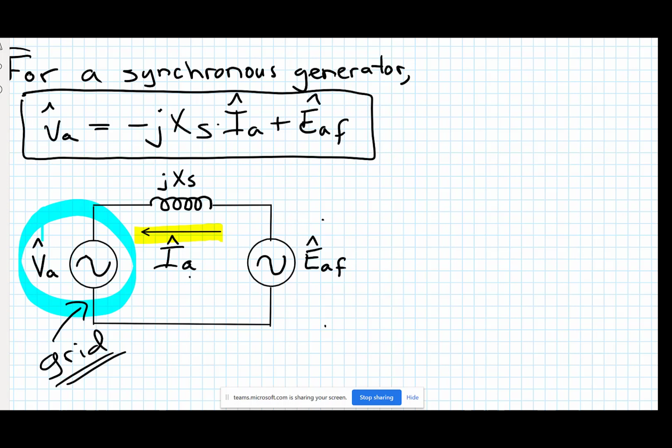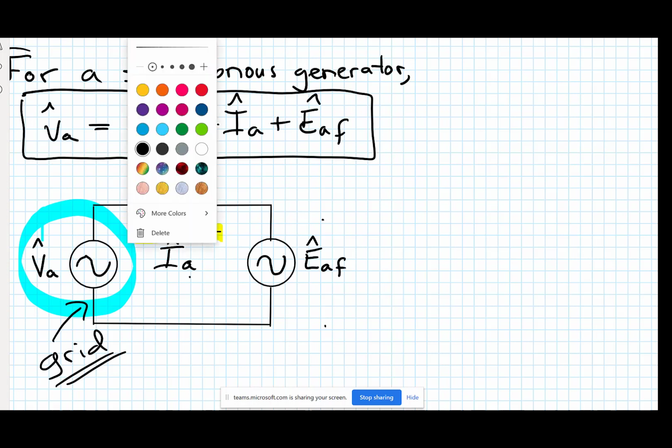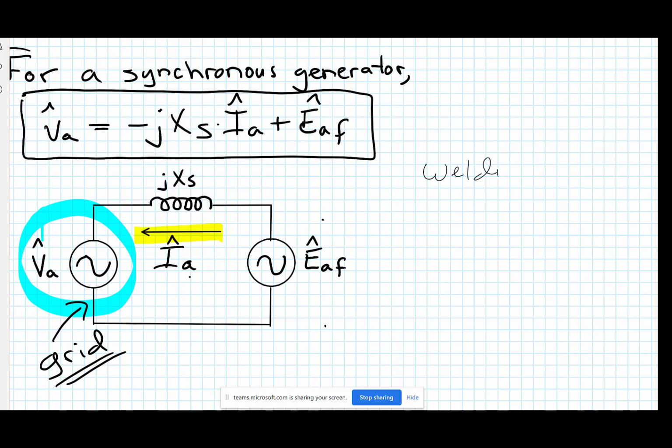My first job as an engineer was at Miller Electric, working on welders, and in the welder case we used synchronous generators for welders. Just a little side point, if you had a welding generator, you would have had a jXS and E_AF.